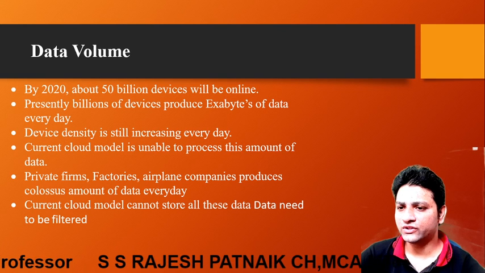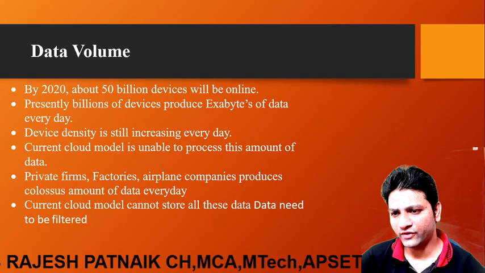The analysis is continuing, and presently billions of devices produce exabytes of data every day. That means a huge amount of data is being stored, because of smart cities and smart devices. Device density is still increasing every day.